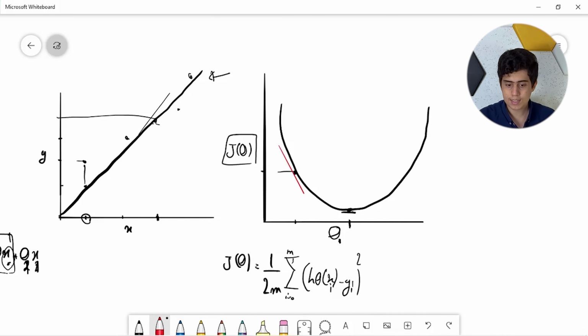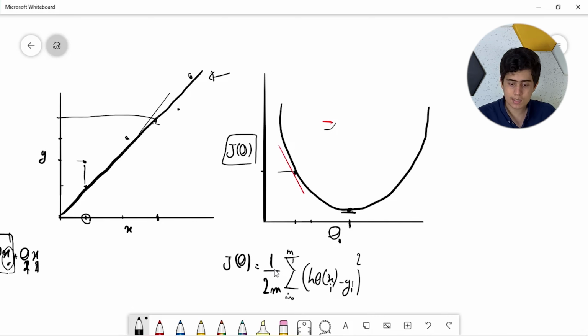It draws a tangent to this point, and it calculates the gradient of that line. That's what partial derivative means. I'm not going to calculate the gradient, but we know for a fact that it has a negative gradient. And then we use this negative gradient value to find a better theta value.